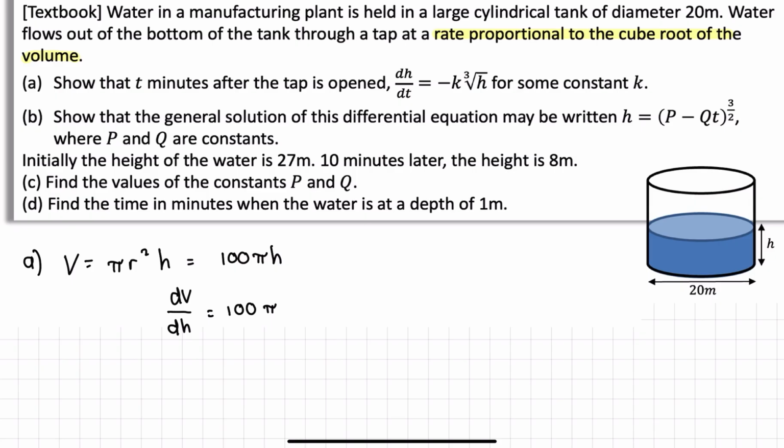So the change in our volume with respect to time is proportional to the cube root of the volume. And the water's going to be decreasing, so we're going to get a negative C in there. That'll just be our constant. And like earlier we had k, and it's going to be the cube root of the volume. So we're getting this from that highlighted section up there.